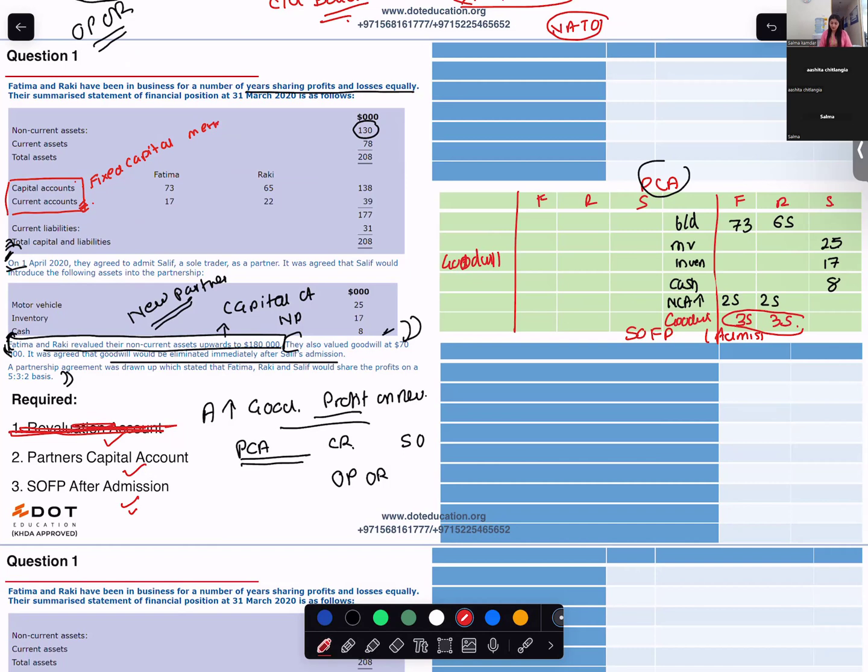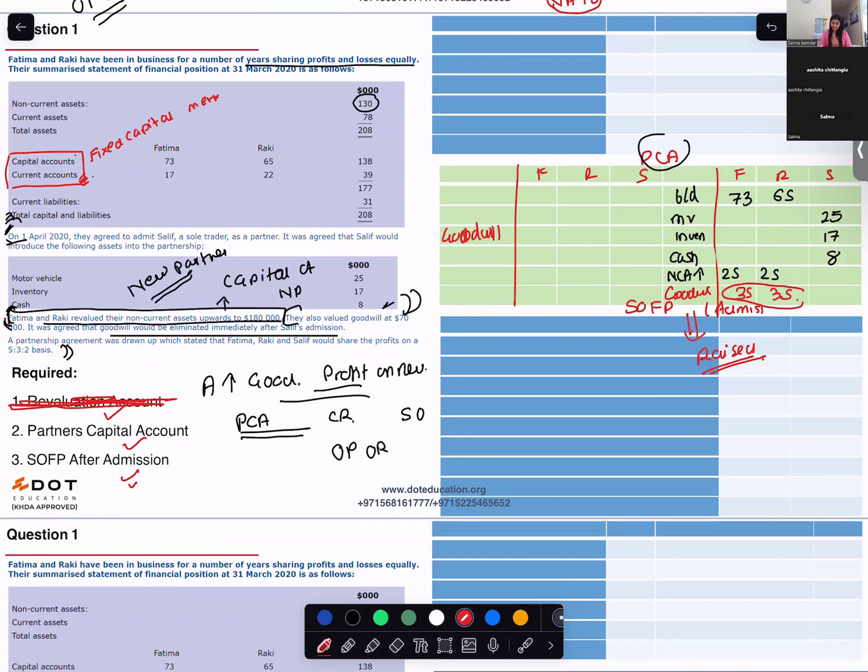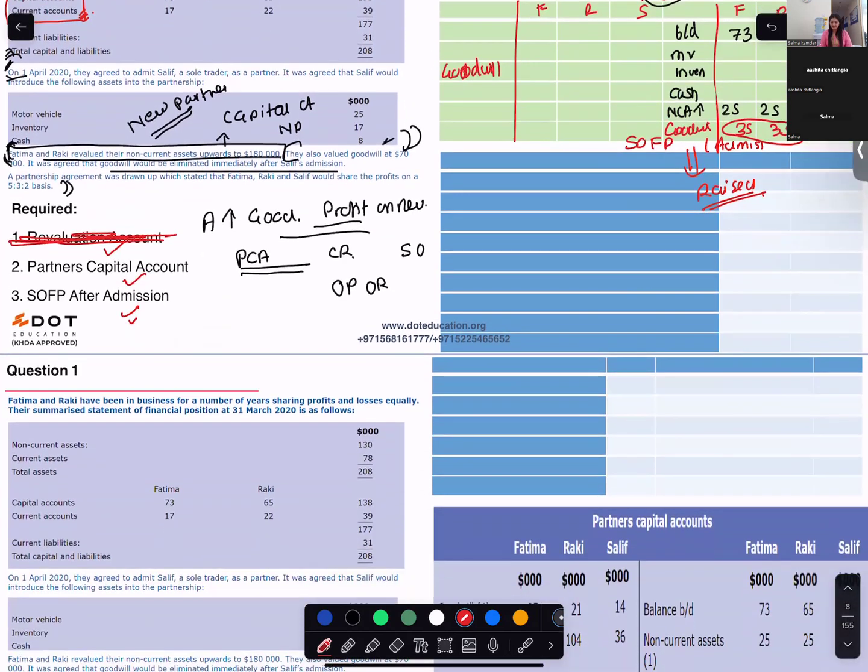Goodwill raised. Goodwill written off where? On the debit side, 35, 35. Raised is 35, and written off will also be the same now.